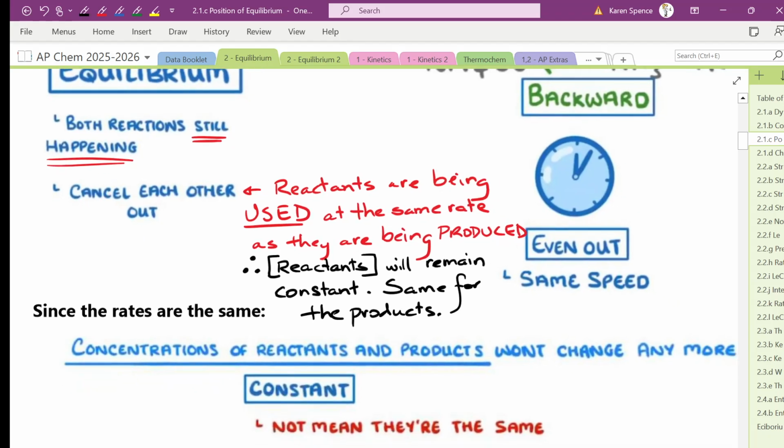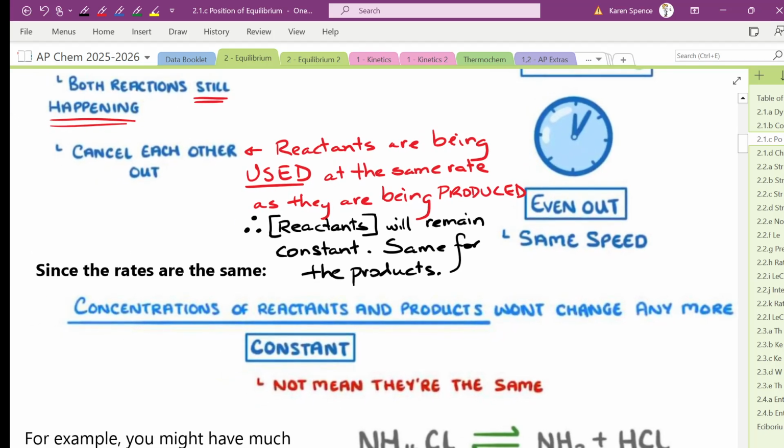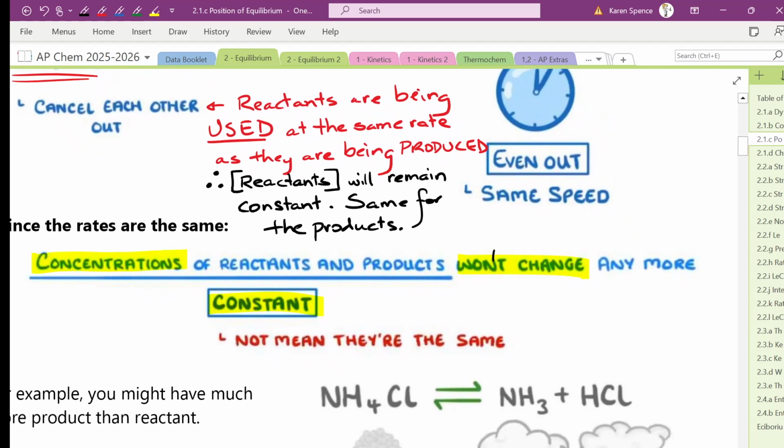However, just because the concentrations won't change, just because they are constant, does that mean that the concentration of reactants is equal to the concentration of the products?